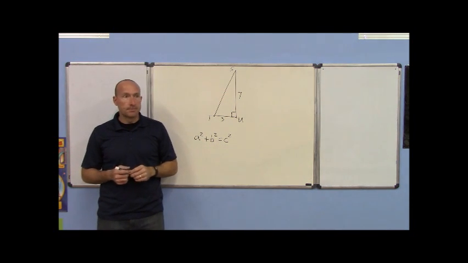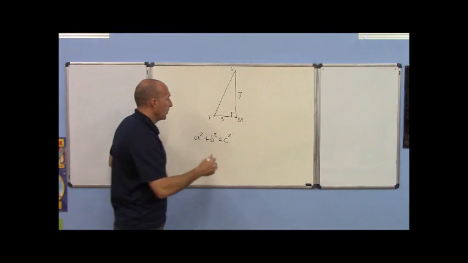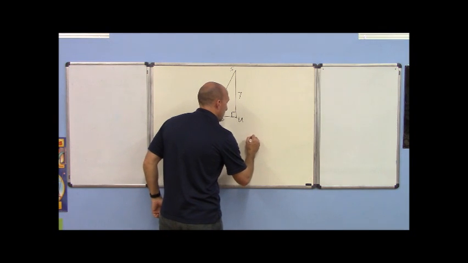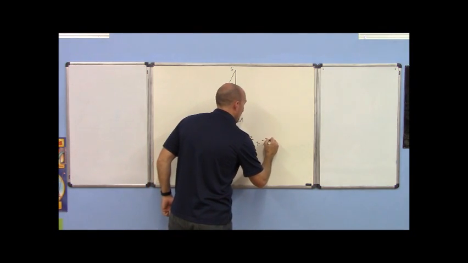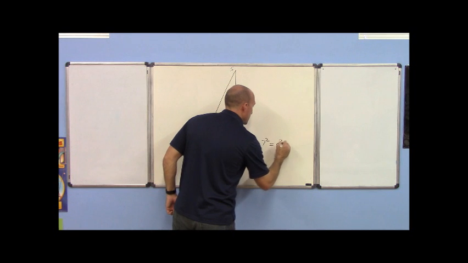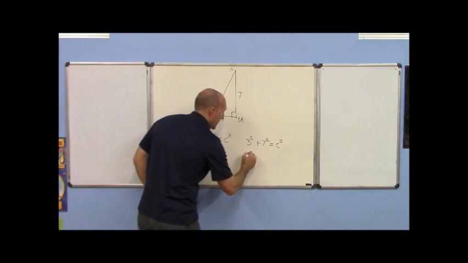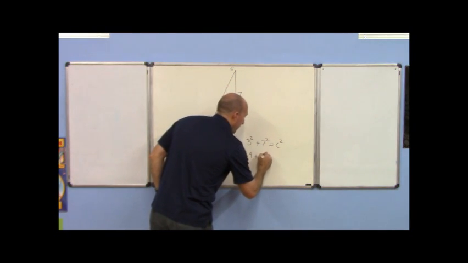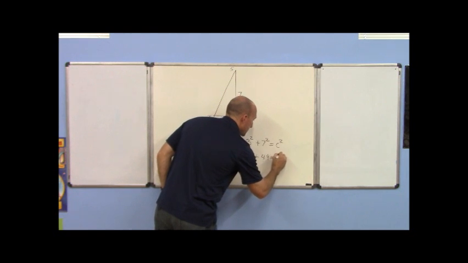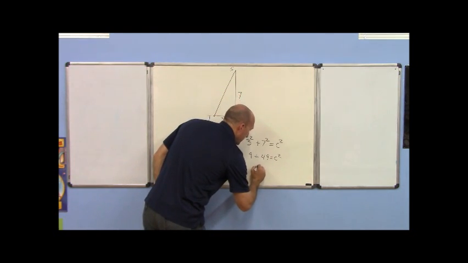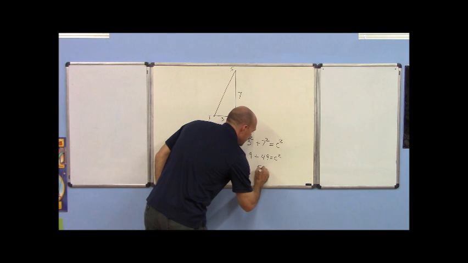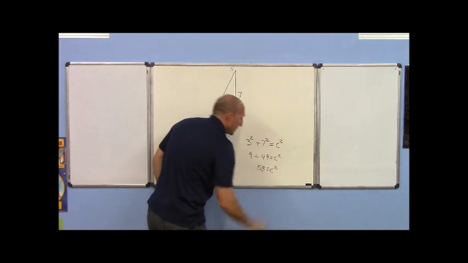So here, we will be doing 3 squared plus 7 squared equals c squared, which gives us 9 plus 49 equals c squared. So that gives us 58 equals c squared.